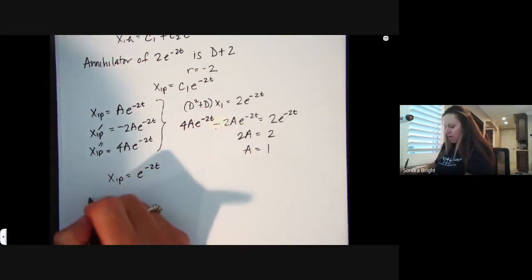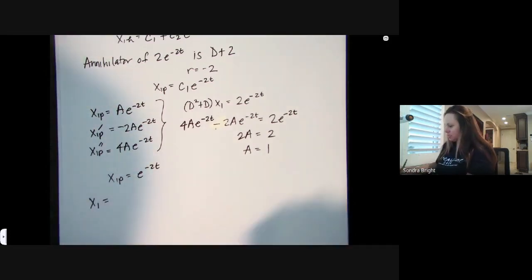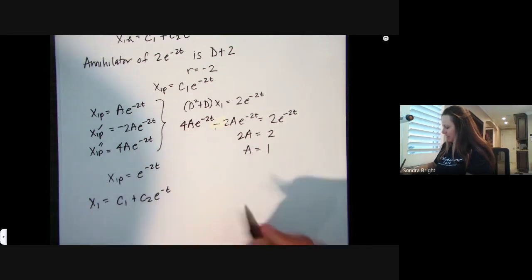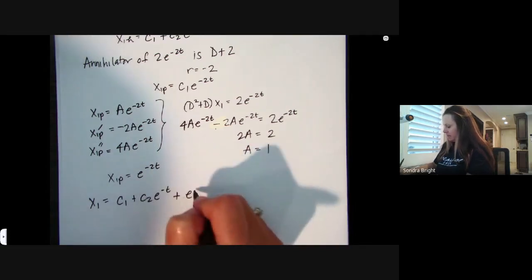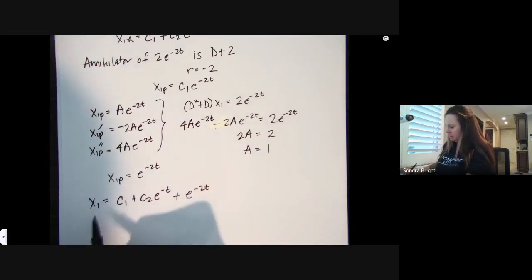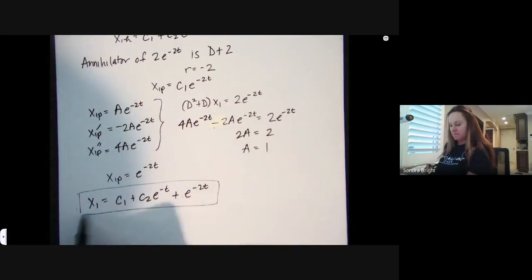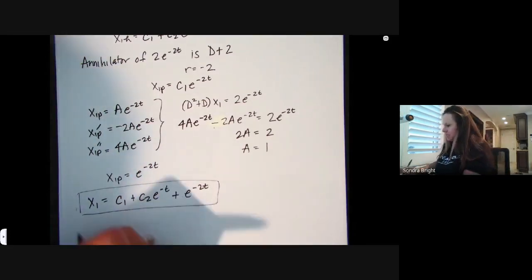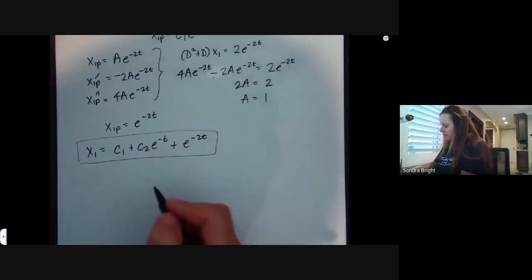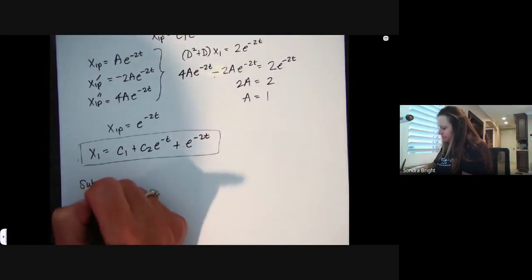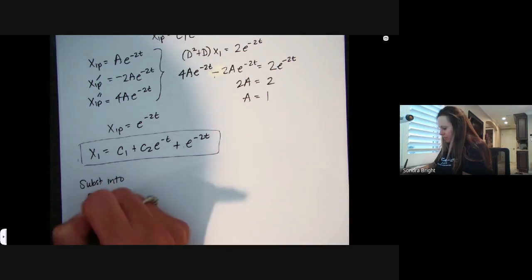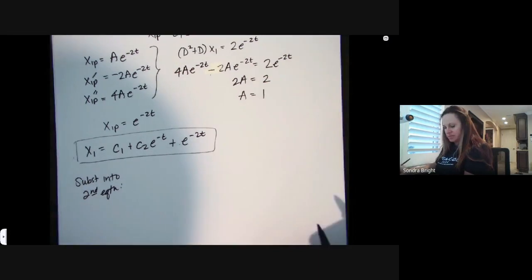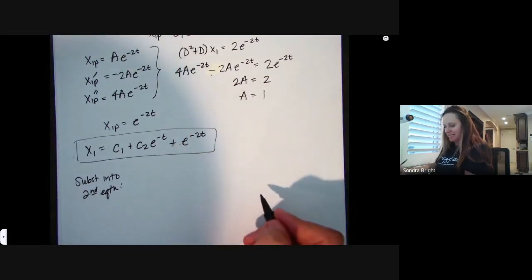And so x1 is the homogeneous, which was c1 plus c2 e to the negative t, and then plus the particular. There's x1. Now we have to solve for x2. I'm going to do that by substituting it into the second equation.